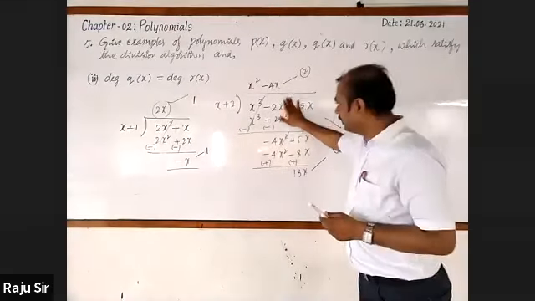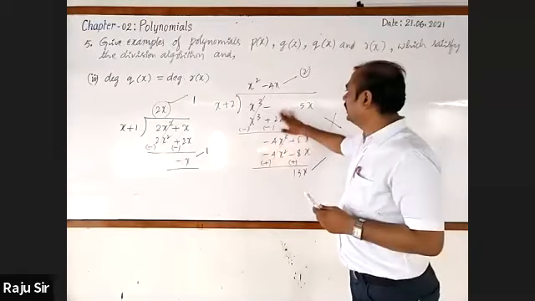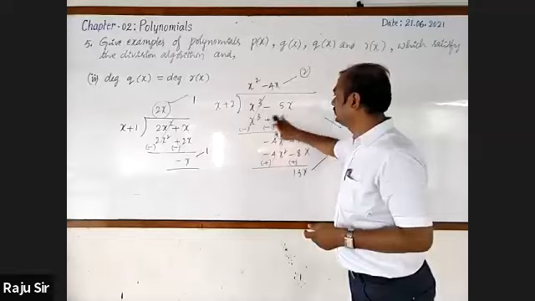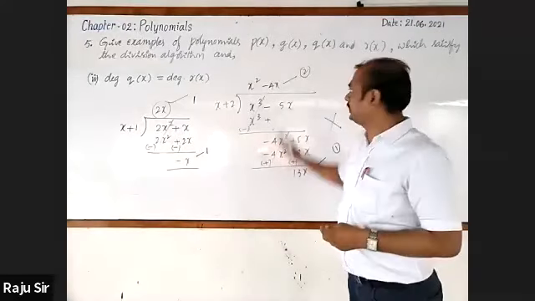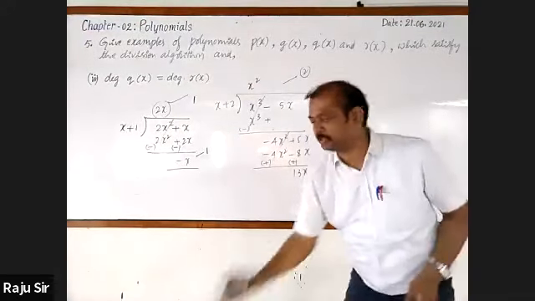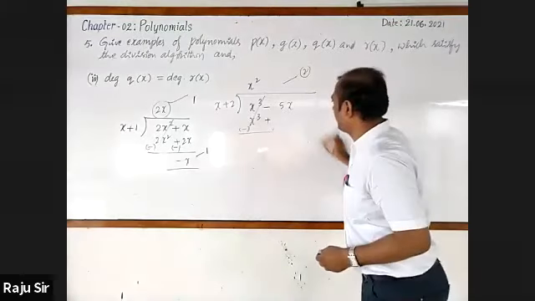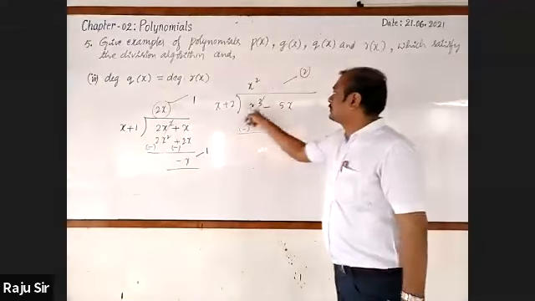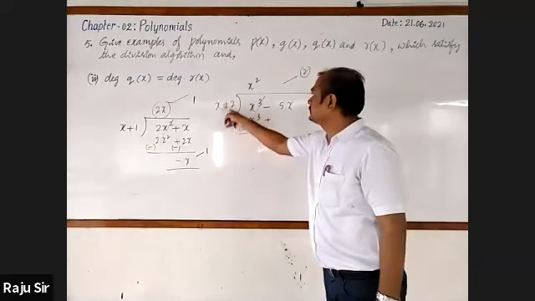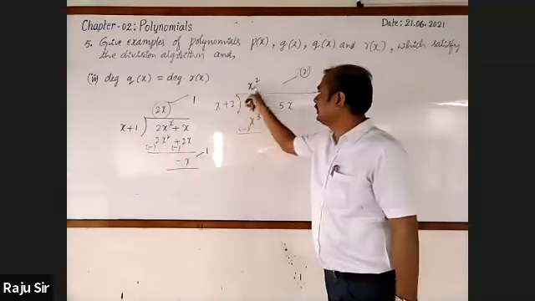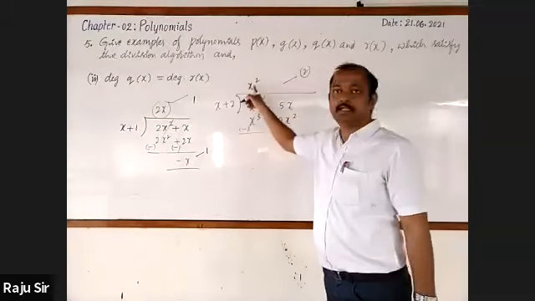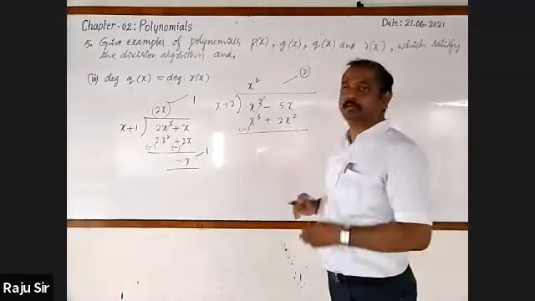Here I'll take like this. See, x square minus 5x. X square minus 5x. Here, x into x square is x cube, and x square into 2 is 2x square.